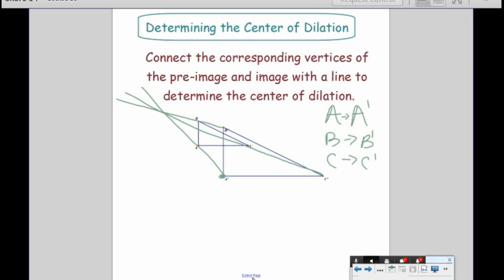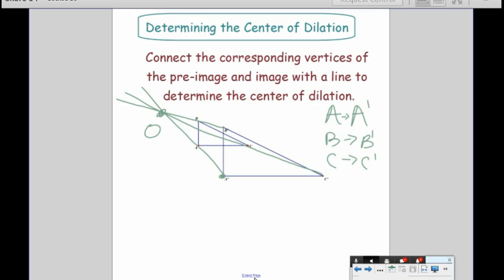Now, what you'll notice when you connect all of those corresponding vertices is what? All of those lines that you made, they will intersect. It's called being concurrent. They are concurrent. And where they're concurrent, where they intersect, that is the center of dilation. I'm going to call it O. All right? That's how you do it.